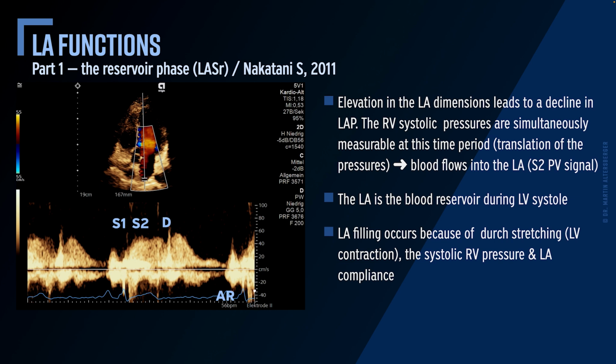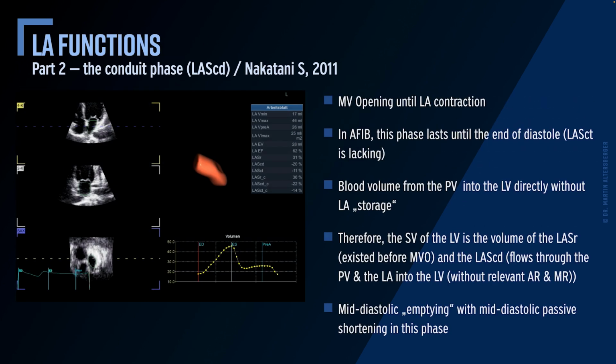On the left-hand side, you see a pulmonary venous signal with the waves, initially the S1, the S2, and the D wave. Continuing with the next phase, it's the conduit phase of the left atrium. You can see a display of a 3D left atrial strain, where you also have the same phases as in 2D strain.